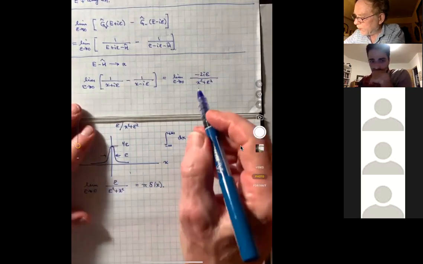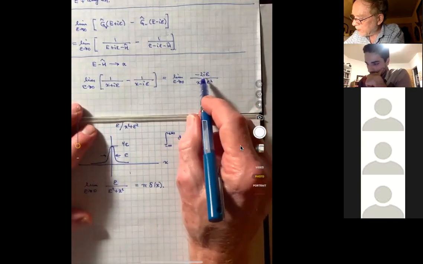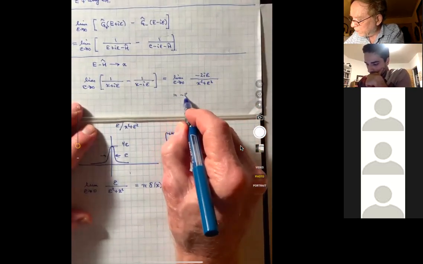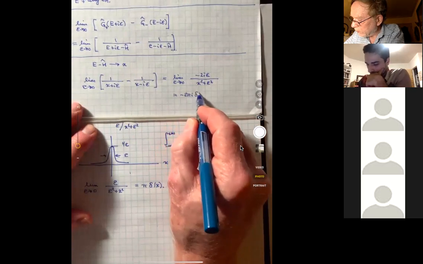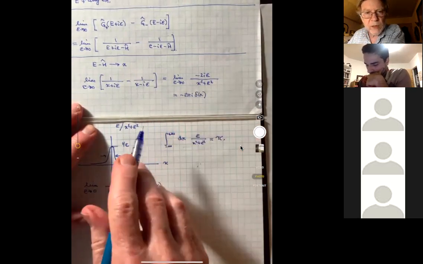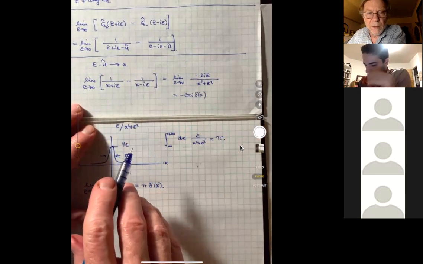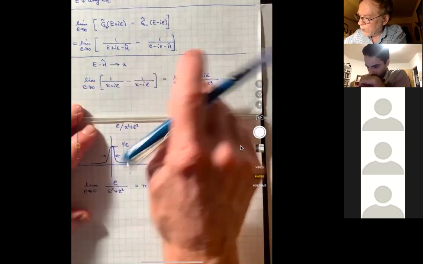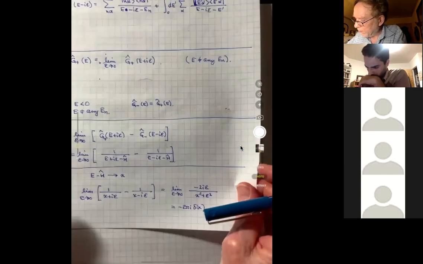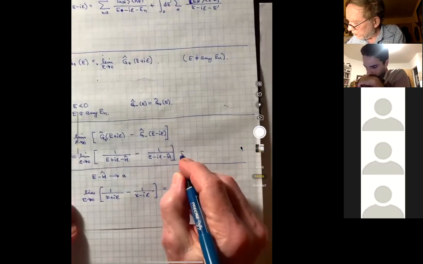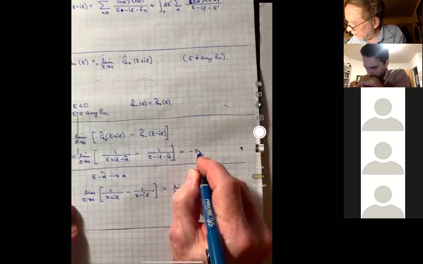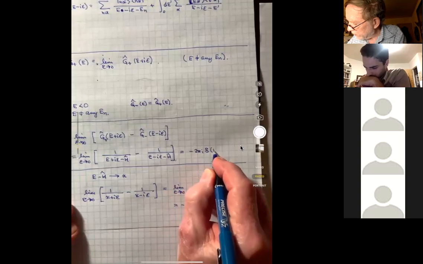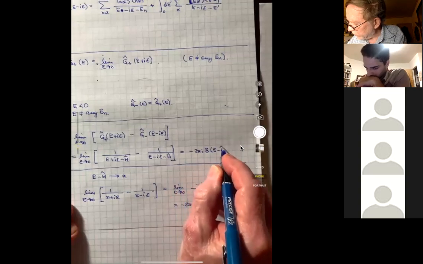And so to go back to the previous page, that's what this limit is, except multiplied by 2 pi. It's minus 2 pi i times the delta function of x. Hope that you can still see that. And this suggests then that, as far as the limit of these operators is concerned, it should be equal to minus 2 pi i times the delta function of the energy E minus the Hamiltonian H.